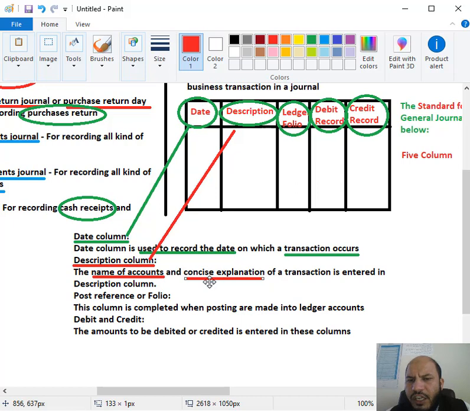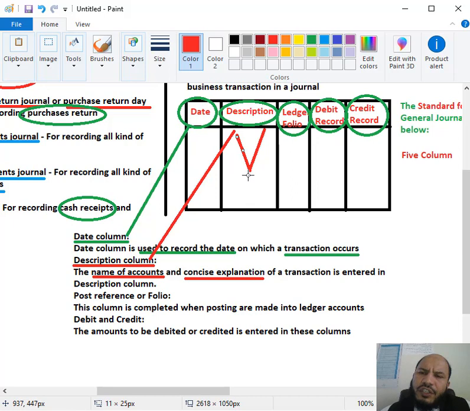We will enter both in the description column. So the description column consists of two things: the first one is the name of account, and the second one is the concise explanation.